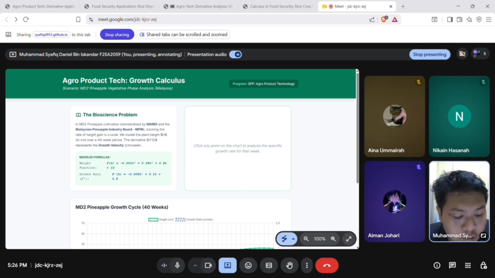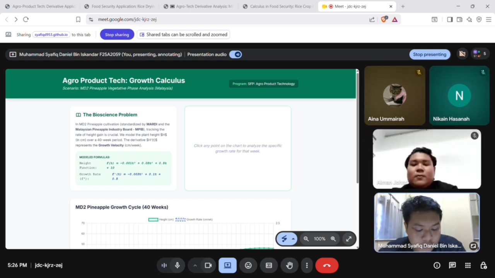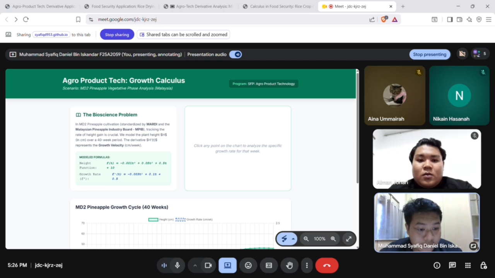To find the growth speed, we use the first derivative function f prime of t, which means the growth velocity function. f prime of t is equal to negative 0.003 t squared plus 0.1 t plus 0.5. This function shows the slope of our height graph.